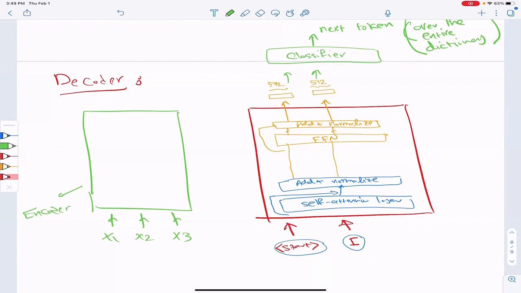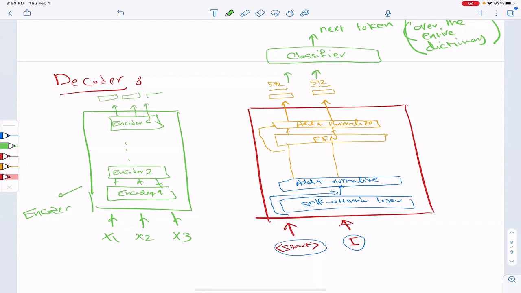So we had a bunch of encoders, encoder 1, then we stacked up another encoder, up until encoder, I believe 6. So the output of the encoder, there are 3 vectors corresponding to X1, X2, and X3. So how can I use the encoder information in my decoder?